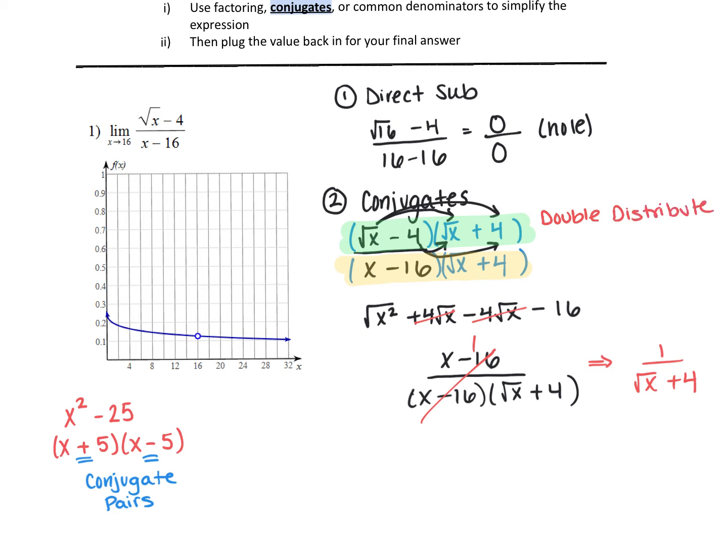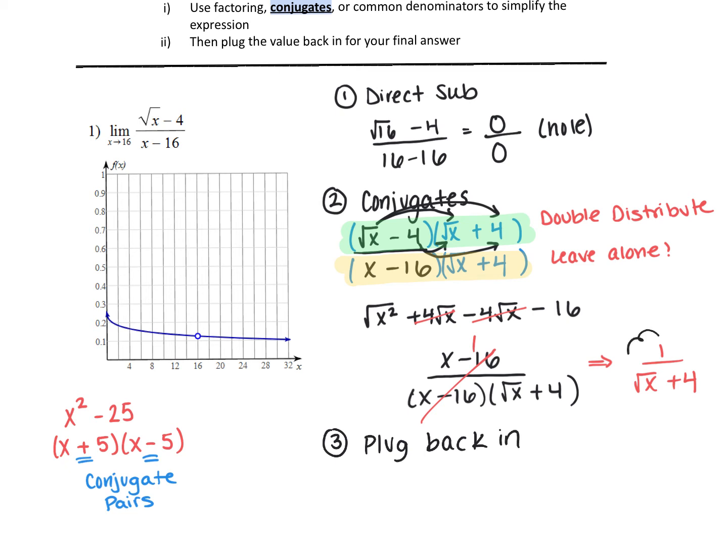And this piece we leave alone. Okay, so we double distributed the numerator and we simplified it to x minus 16, and we cancelled that x minus 16 to 1, and now this is my simplified equation. So now that we have a simplified equation, step 3 is always to plug back in.